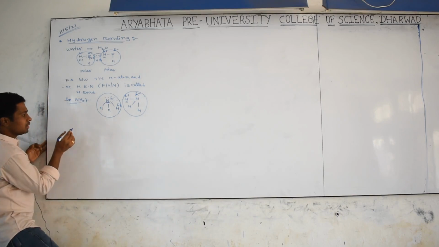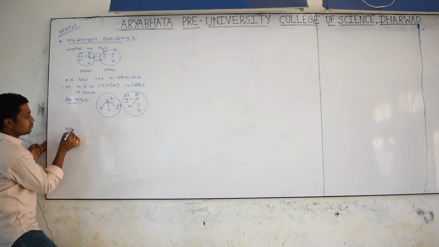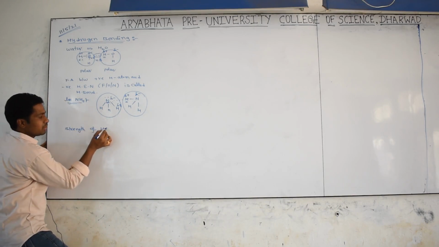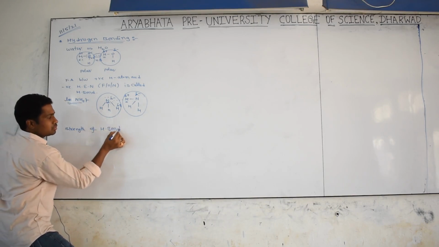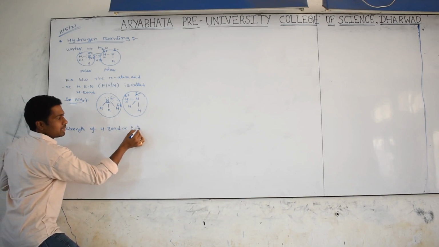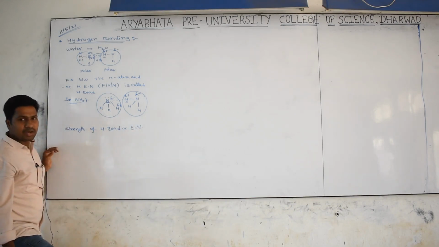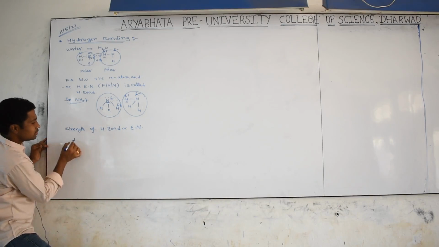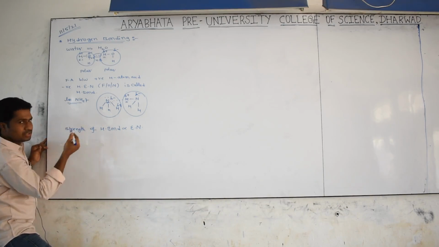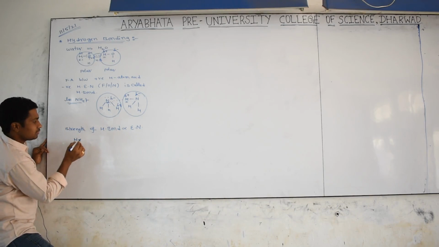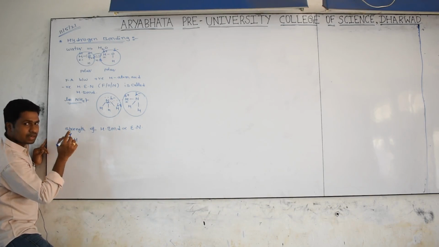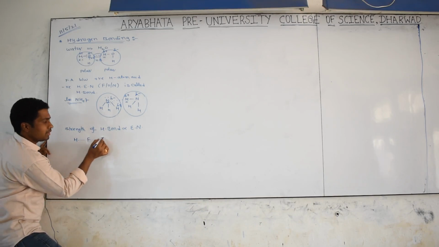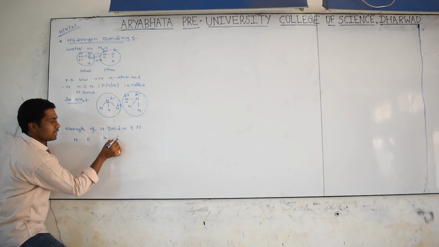Now my question: the strength of hydrogen bonding. This is important for competitive marks. The strength of a hydrogen bond is directly proportional to the electronegativity of the element combined with hydrogen. For example, in HF the hydrogen bonding is between hydrogen and fluorine. In water, hydrogen bonding is between hydrogen and oxygen.